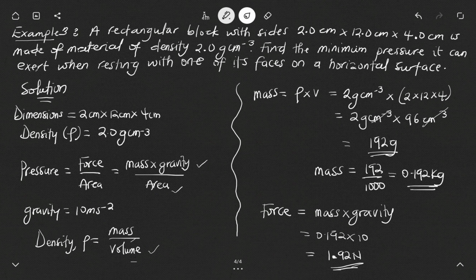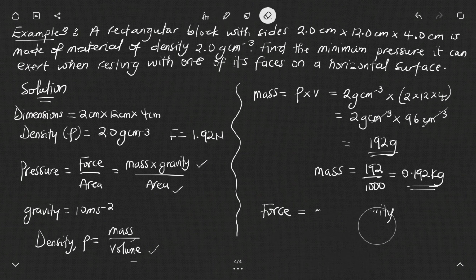So now we are able to find that our force is equal to 1.92 newtons. All right, so now that we found the force, let's go ahead and calculate the possible areas from this dimension, and then we go ahead and calculate the pressures.